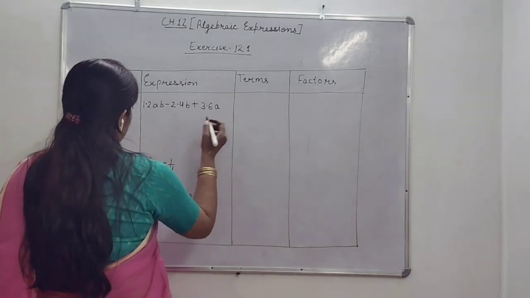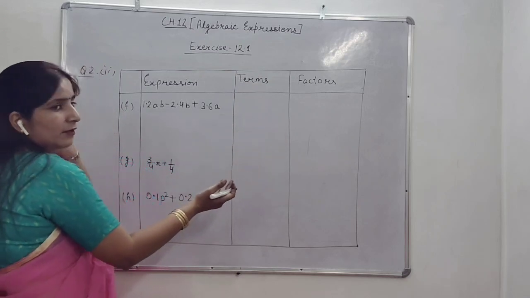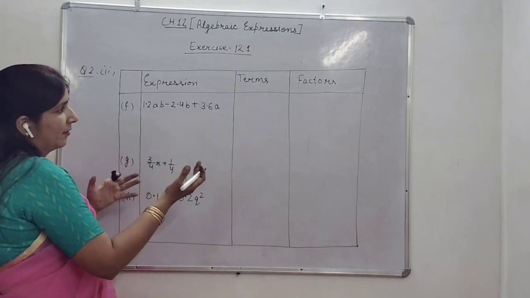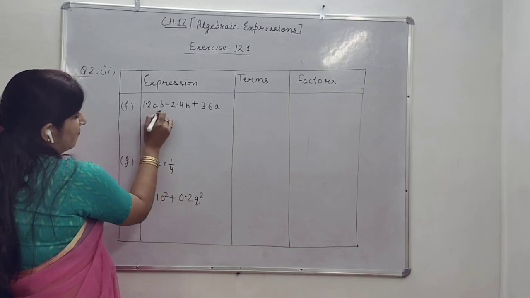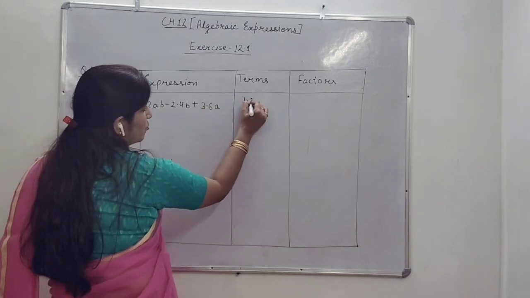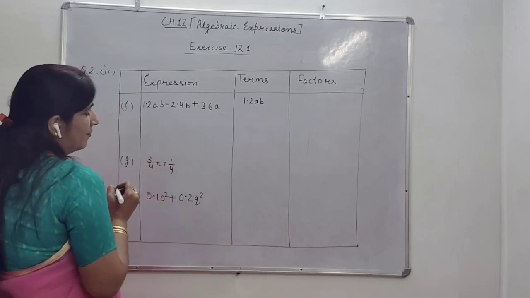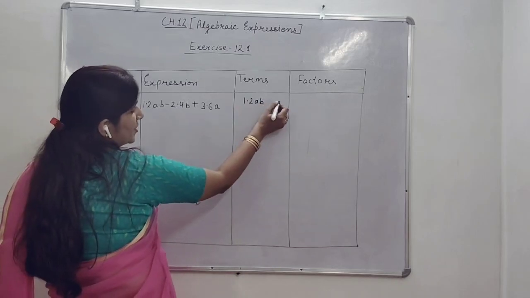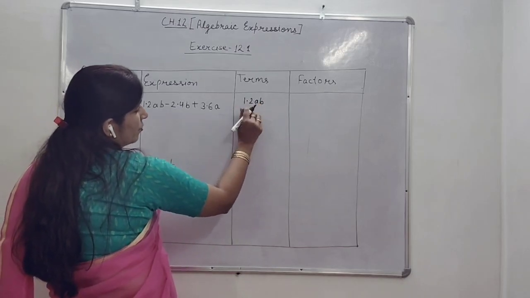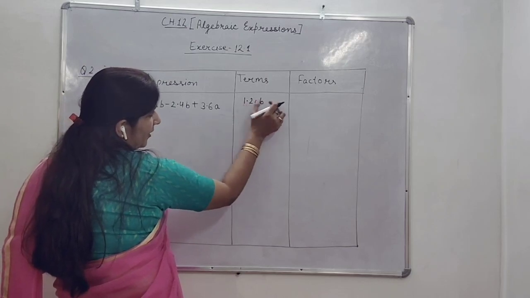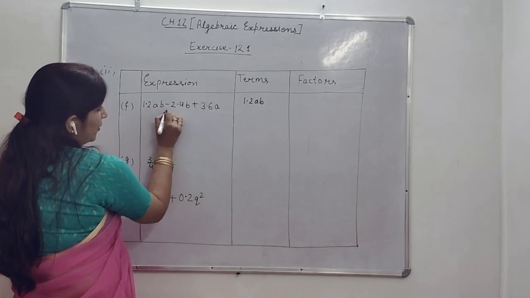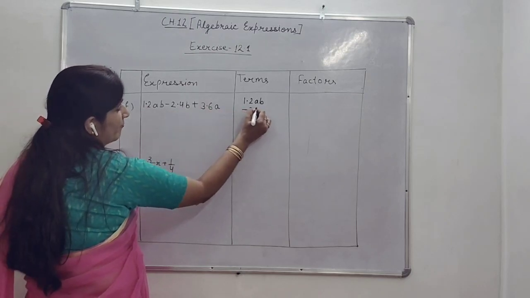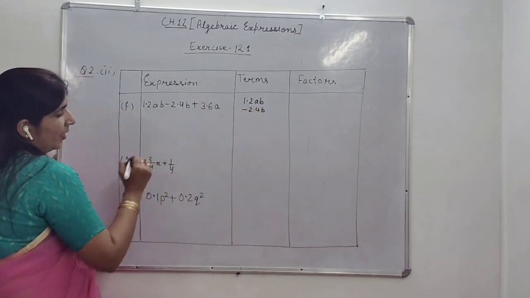So let me write first of all, but follow the manner as I am writing. 1.2 AB, this is the first term. Don't write the second term just after this, because we have to write the factors of it in its front, so it will be easy to separate it. Now the second term is minus 2.4B, and what is the third term?